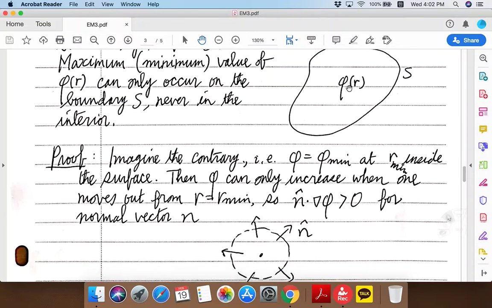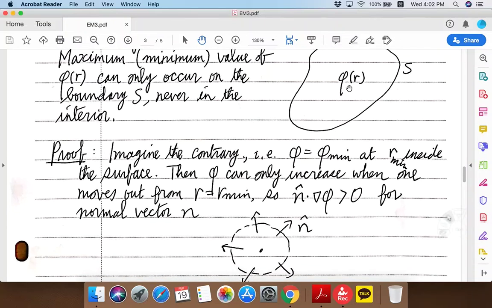Okay, so using vector calculus language, what that means is that the gradient of the potential, inner producted with the direction vector n, is positive. This n is the direction along which you're moving away from the position of the minimum potential.